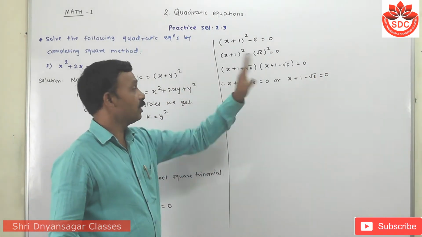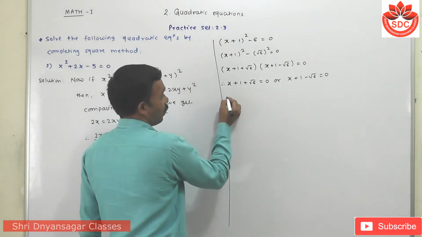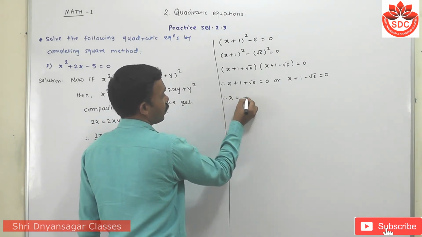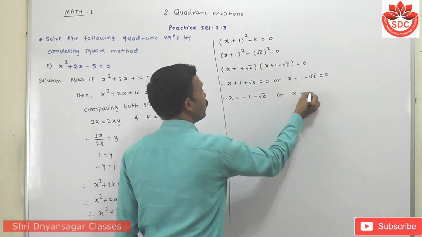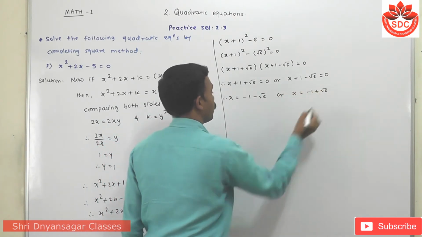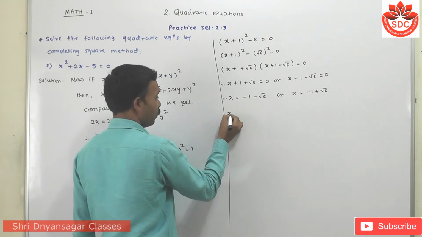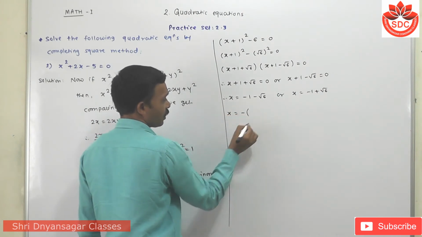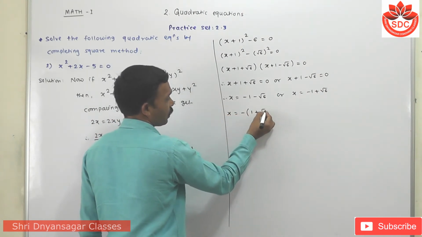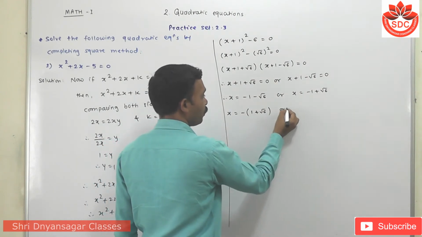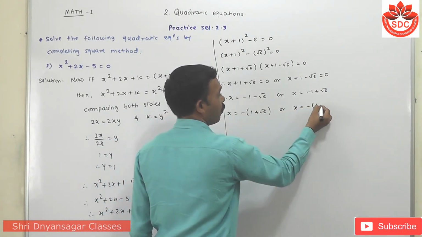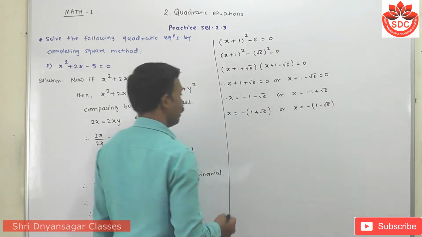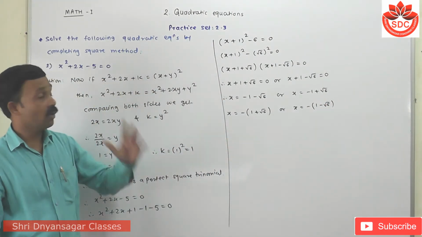Transposing this term to the other side, we get x is equal to minus 1 minus root of 6, or x is equal to minus 1 plus root of 6. Meaning we write this as minus in brackets 1 plus root of 6, or x is equal to minus, taking common, 1 minus root of 6. Therefore, this is the solution of the given quadratic equation.